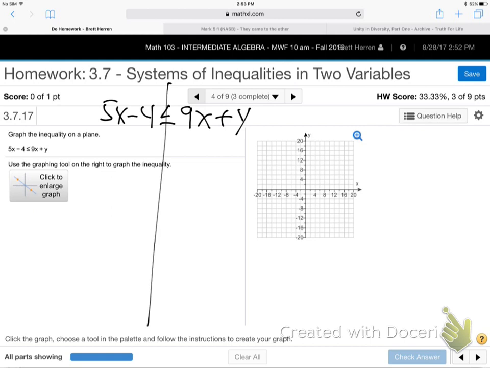I would probably just subtract that 9x right away from both sides. You could move the y if you want to. It doesn't matter. So minus 4x minus 4, like that. Then we can go right to graphing. That good? Got that y alone?